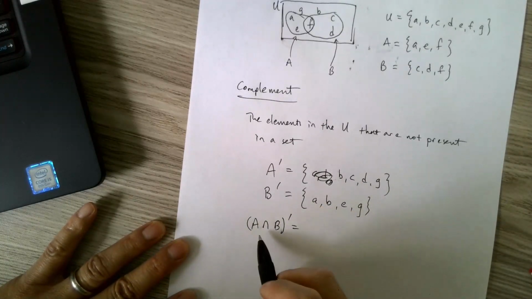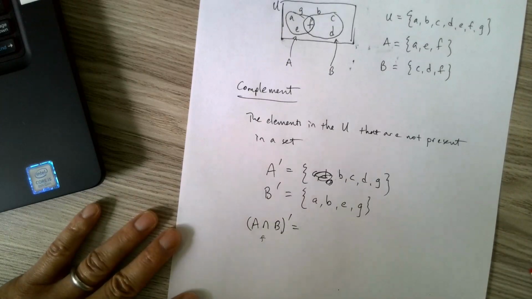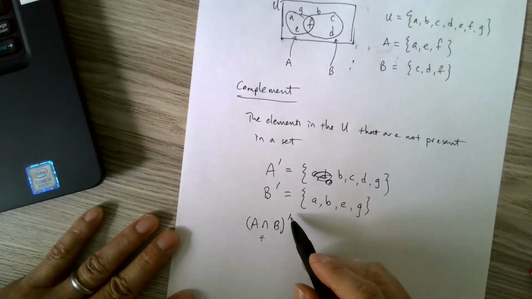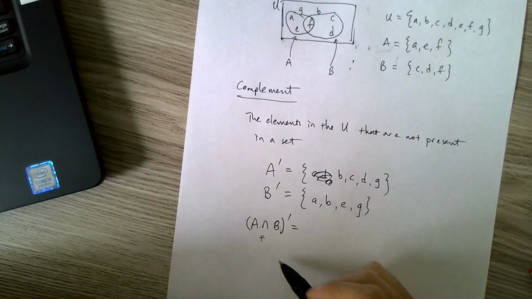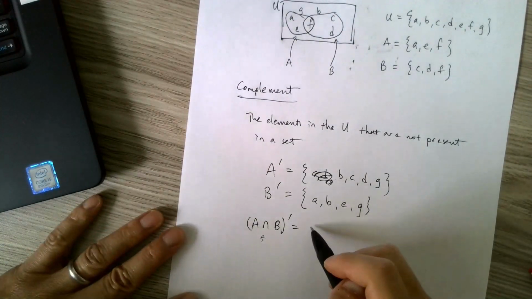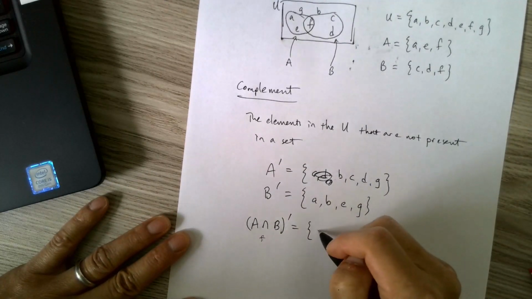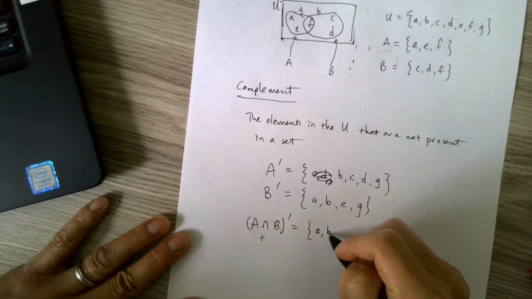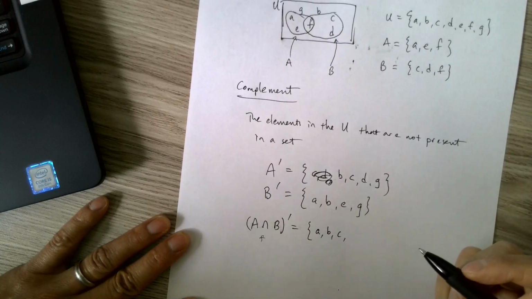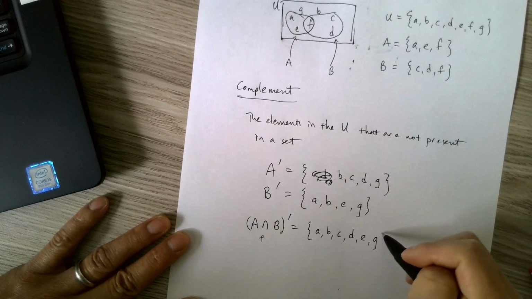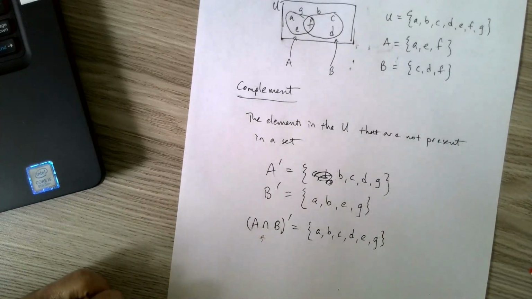So I'll do a little scratch work here. A intersection B, that's just F. The complement is going to be everything but F. So in the end, the complement of the intersection of A and B is A, B, C, D, E, G. Everything but F.